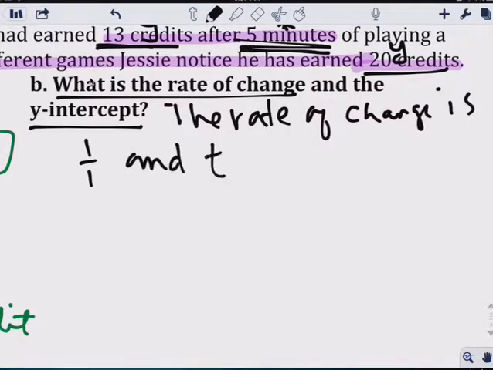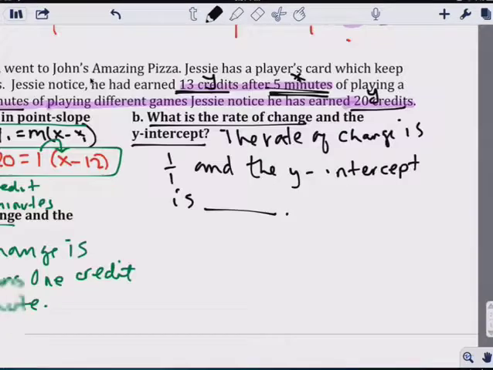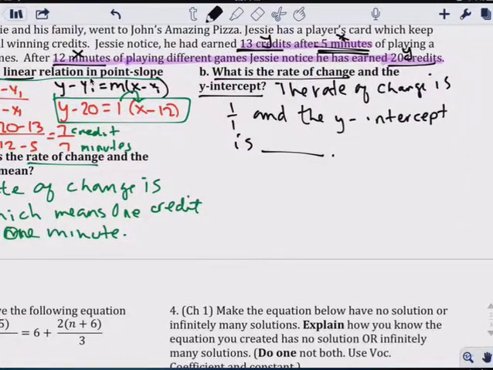And the y-intercept is, we don't know yet. We need to find b. In order to find b, we need to solve this equation right here.